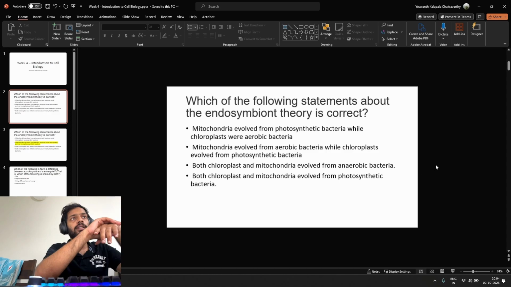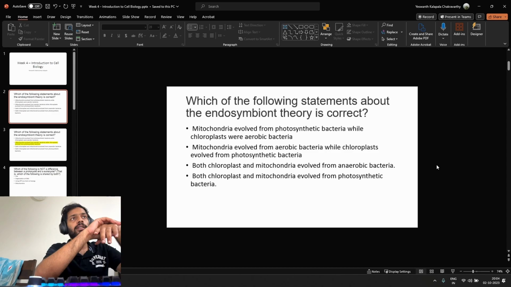Mitochondria evolved from photosynthetic bacteria while chloroplasts were from aerobic bacteria? Or mitochondria evolved from aerobic bacteria while chloroplasts evolved from photosynthetic bacteria? Both chloroplast and mitochondria evolved from anaerobic bacteria, or both chloroplast and mitochondria evolved from photosynthetic bacteria. Okay, so you're saying both evolved from anaerobic bacteria.